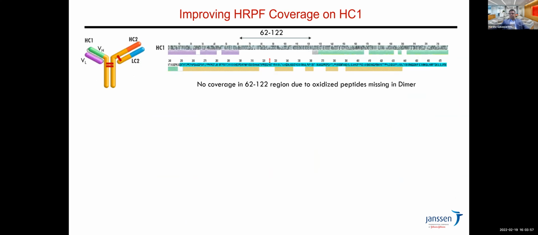We next map these to the heavy chain 1 structure as shown here. We get good coverage for most of the sequence, but we were disappointed to not see coverage of the linker and part of the variable heavy and variable light regions of the CFP. The poor coverage we attribute to not observing oxidized peptides that we believe were not retained in the LC column due to their small size and hydrophilic nature.